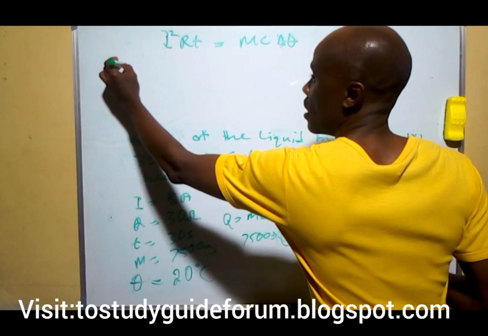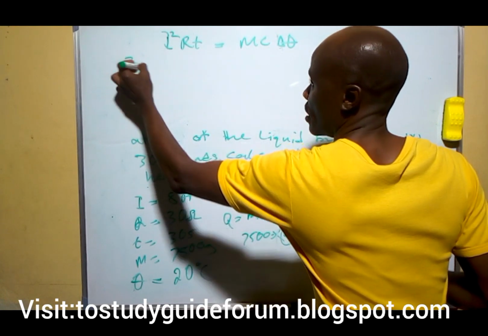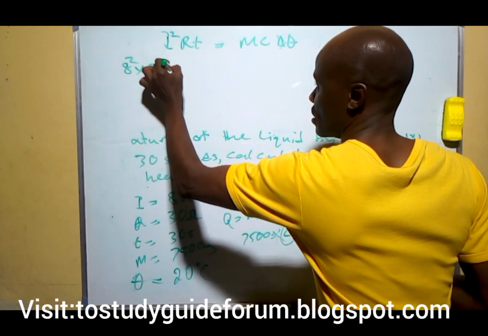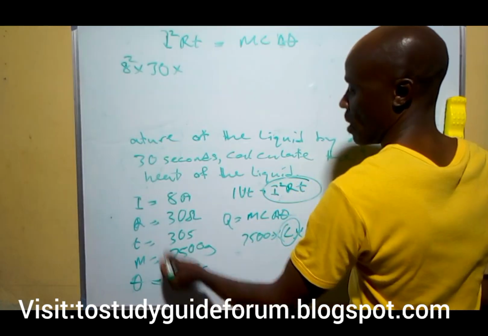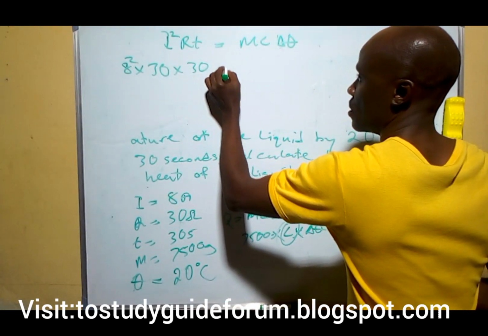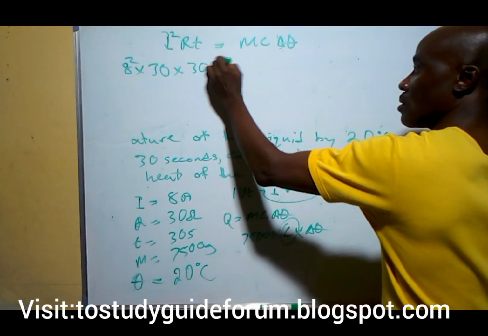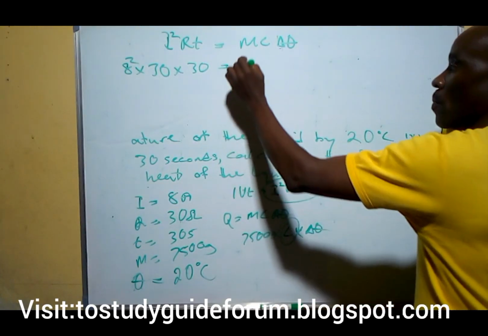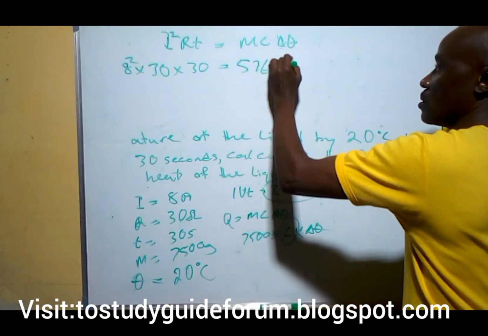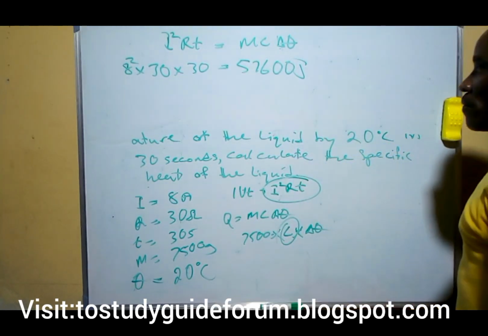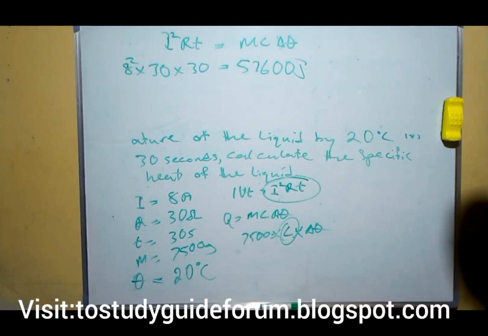First, let's get the quantity of heat supplied by the electric source. We have 8 amps squared, times the resistance, which is 30, times our time in seconds. That will give us 5,760 joules.